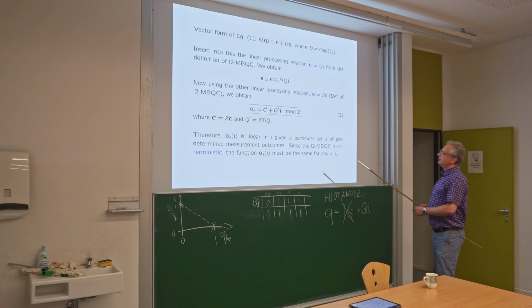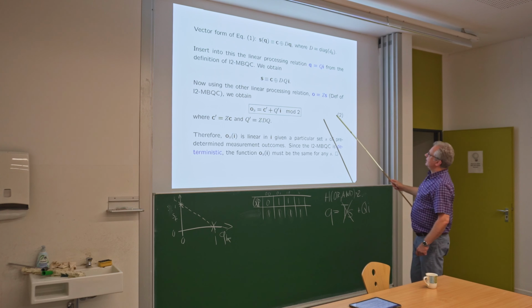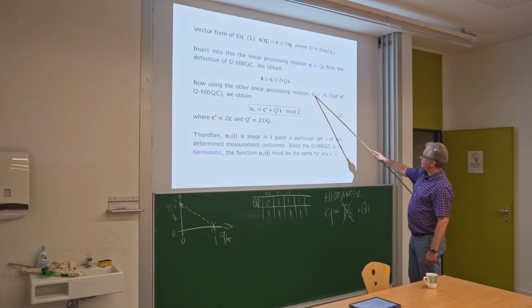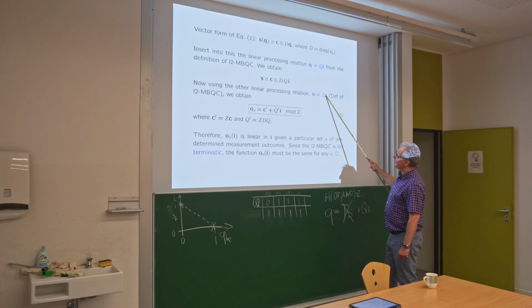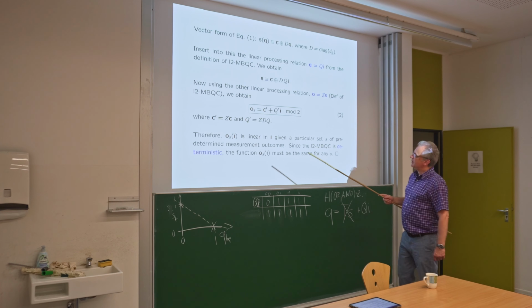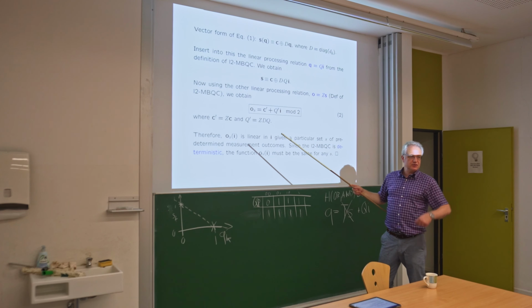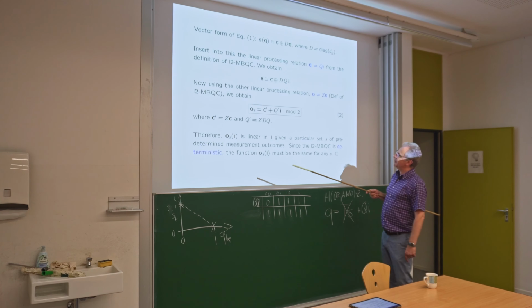And finally, we have this relation, final processing relation between output and measurement outcomes. It's also linear mod 2. And now we take this thing and plug it in here. And so then we get another linear relation. We're just inserting linear relations into linear relations.